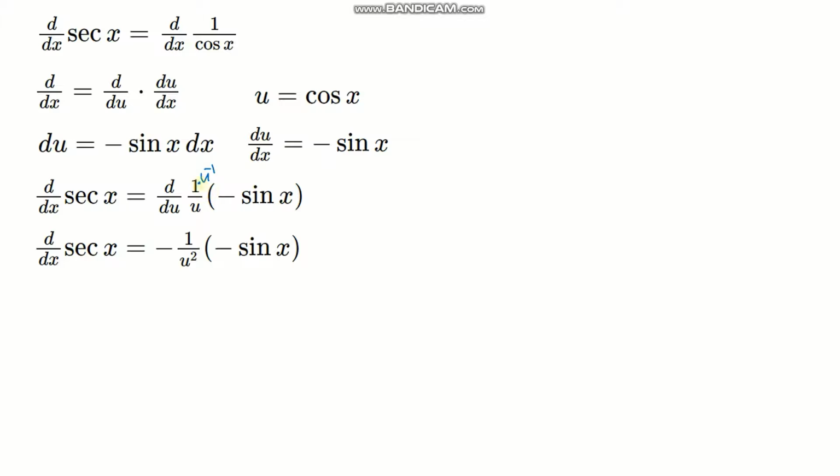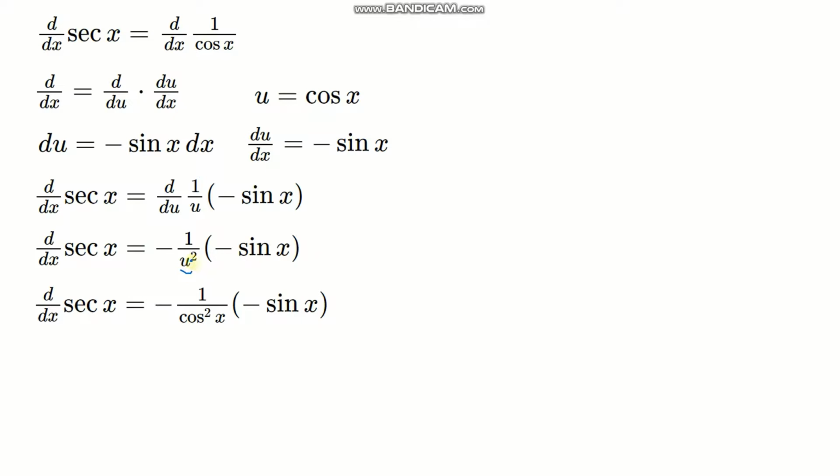We take the negative 1 in front and subtract 1 from the power. So that is u to the negative 2, which is equal to negative 1 over u squared. So we have the derivative of secant x equals negative 1 over u squared times negative sin x.